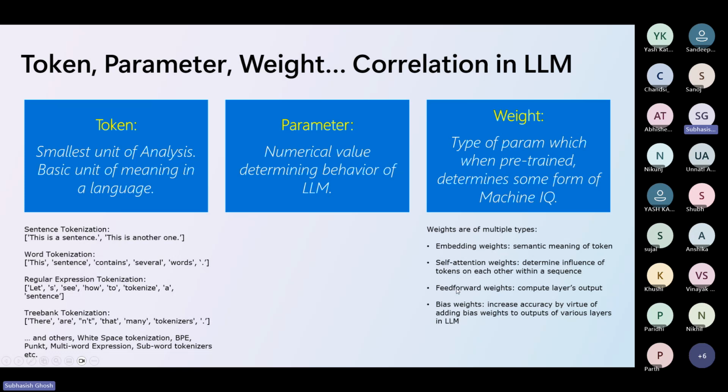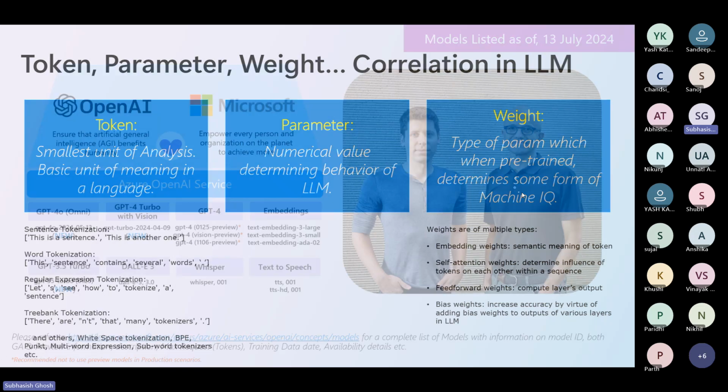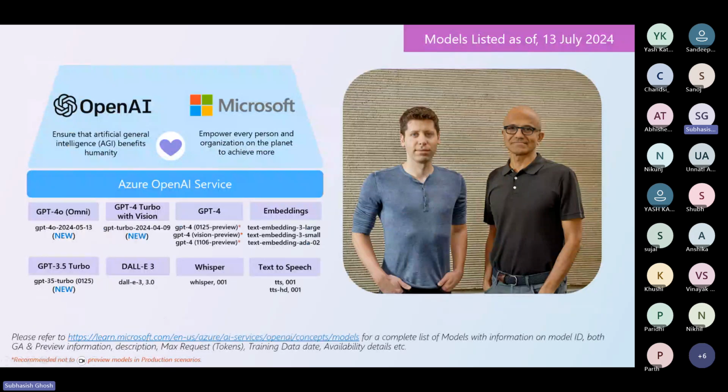These are pre-trained parameters with an influence on the machine learning, referred to as the feed-forward weights. Then you have other types of weights, the bias weights, and so on. Without going into too much detail, you need to know these fundamentals. I have an input sequence, I tokenize it, I have parameters, which are numerical values, and I have weights, which are pre-trained.